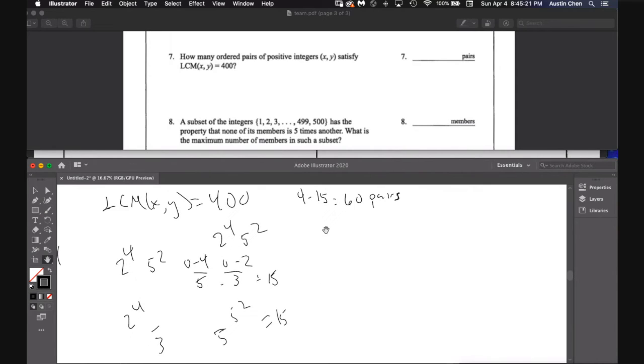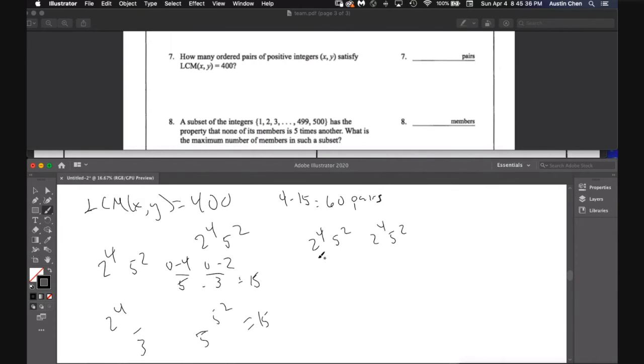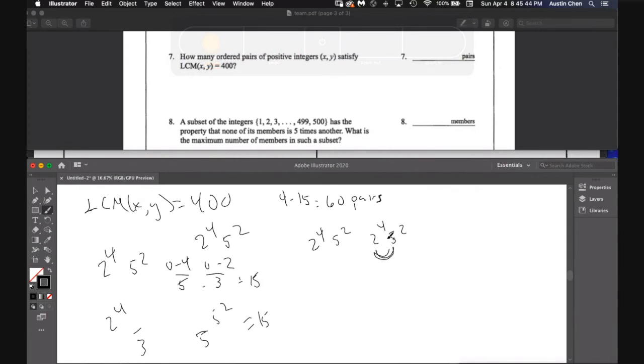So, let's just think of the case where x and y both have 2 to the 4 and 5 squared. So both x and y are like this. Well, when we count it like this, how many times do we count this? Well, one time we counted it where 2 to the 4 and 5 squared were both on the x. Another time we counted it where they were both on the y.